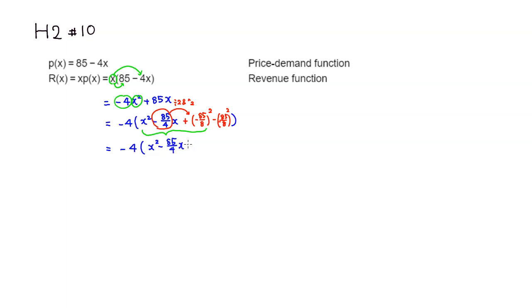4x plus, right? So I'm going to stop writing this negative sign because it gets squared anyway, so it's not going to make any difference. 85 over 8 squared. And actually, I'm going to use a different bracket here. So I'm going to group these first three terms together. I keep them together.